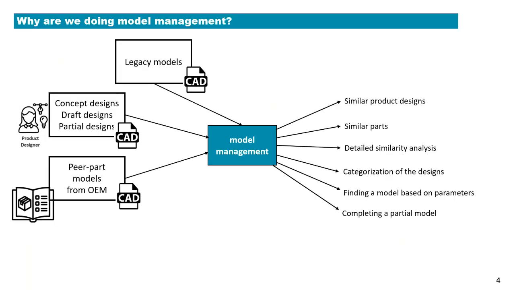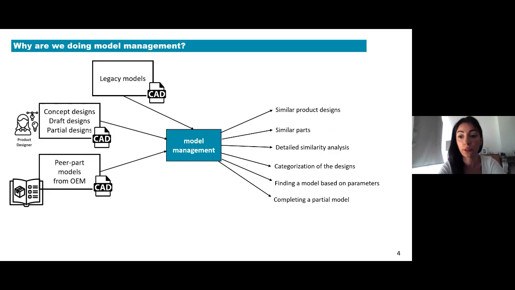Maybe you ask why we are doing model management. So what is model management indeed? We can list many kinds of topics under model management. For example, finding similar product designs, finding similar and equivalent parts. You may want to do detailed similarity analysis on your design files during manufacturing or production designs.